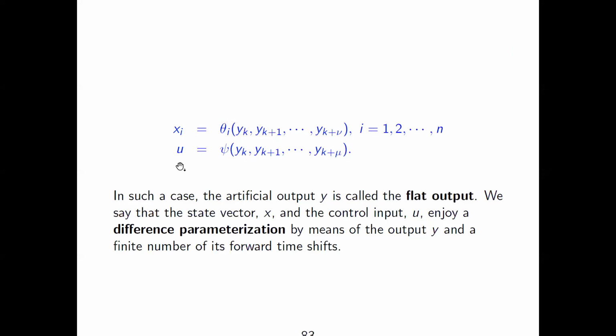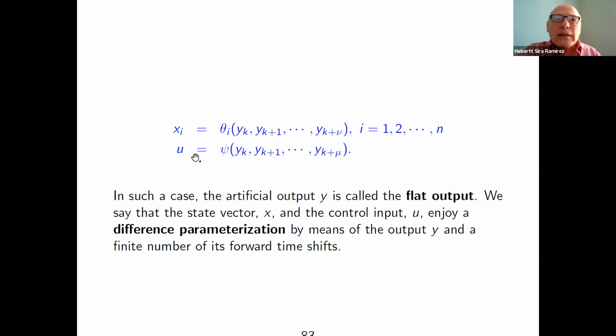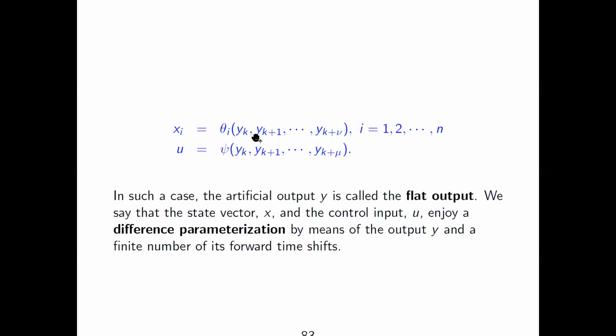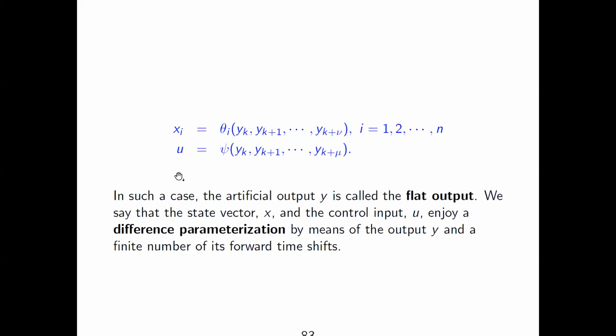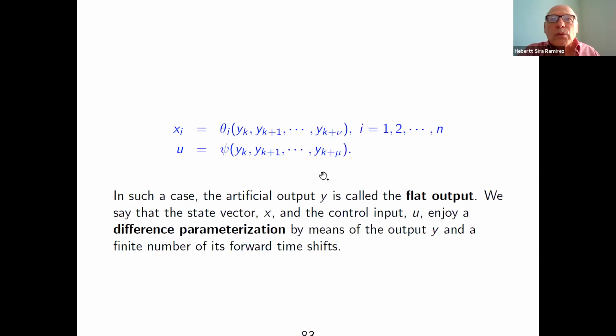If there were natural outputs of the system, those natural outputs would also be parameterizable in the same manner as the state. So you would need the same number of advances, because that natural output will be a function of the state, and the state only requires nu advances. The natural output will also need nu advances.